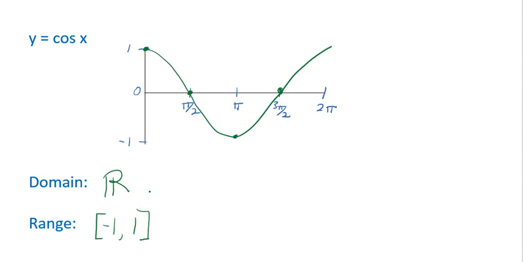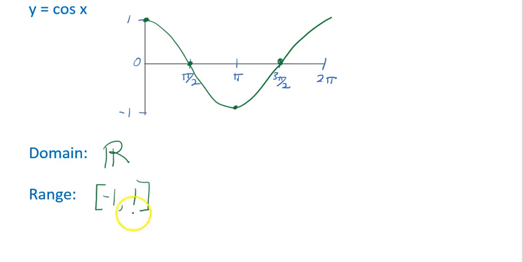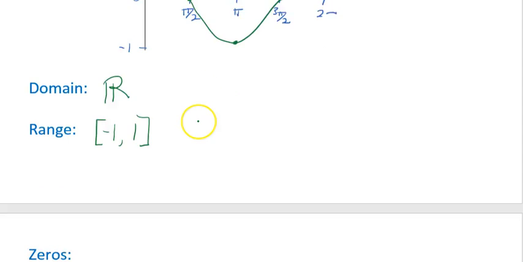And then let's think about our zeros in this case, because that's what's coming up next. We're crossing at pi over 2 and 3 pi over 2, and so the next ones would be at 5 pi over 2 and then 7 pi over 2. So we need to write a little formula for those.